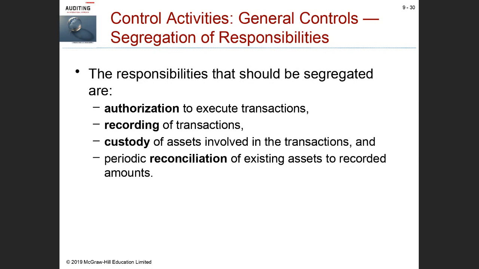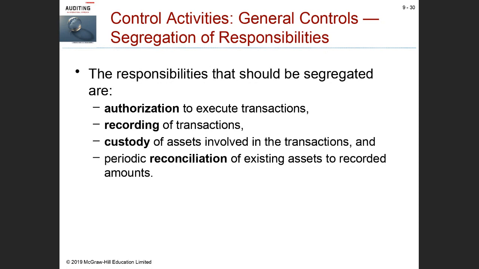And then in addition, there should be a reconciliation of amounts recorded in the general ledger to amounts that exist. So for example, the bank reconciliation. We're reconciling what's recorded in the general ledger for our bank balance to the actual bank statement and what it says, and accounting for any differences.